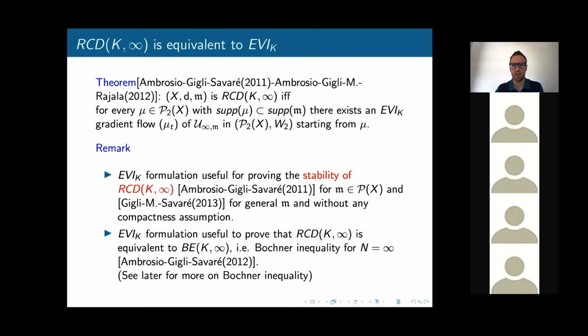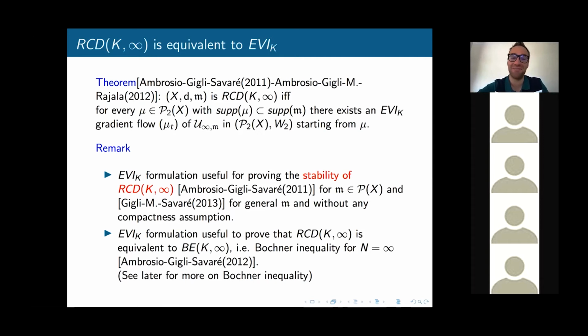So I think it's a good moment to have a one minute break, and if you have some questions, I will be happy to discuss. There's a question in the chat. What does EVI stand for? It stands for evolution variational inequality.